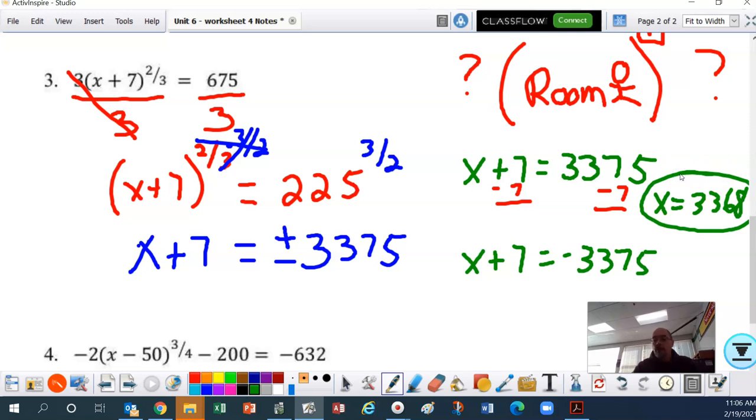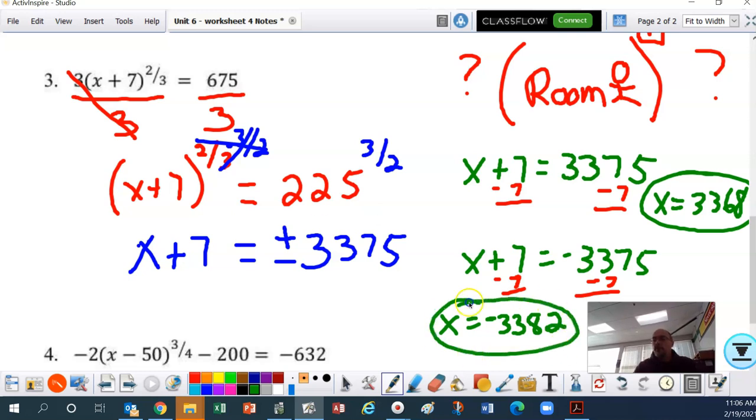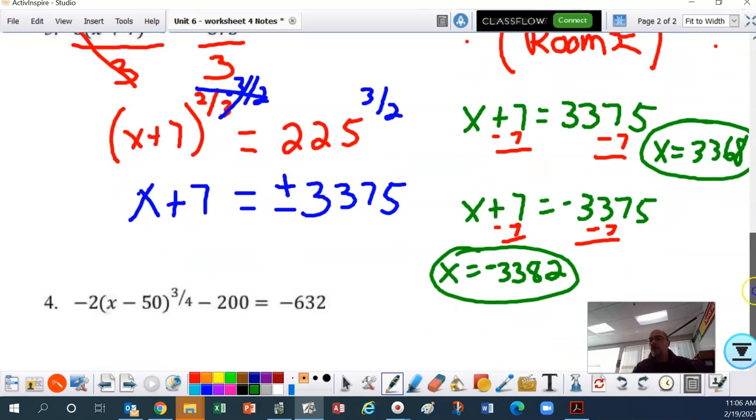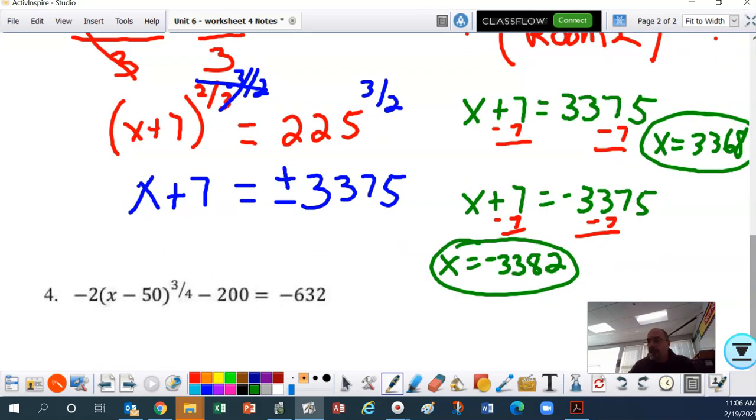This other answer, when I take away 7, is going to be a totally different number. Okay, use your calculator if you need to. Negative 3,375, take away 7 more would be negative 3,382. Okay, two distinct answers.